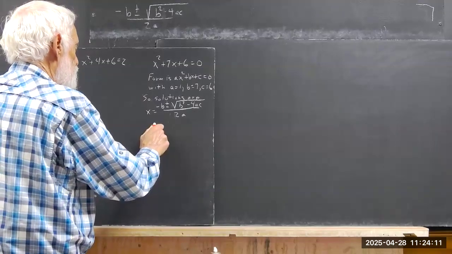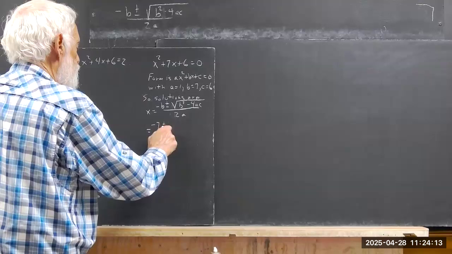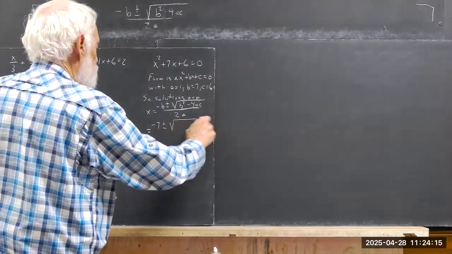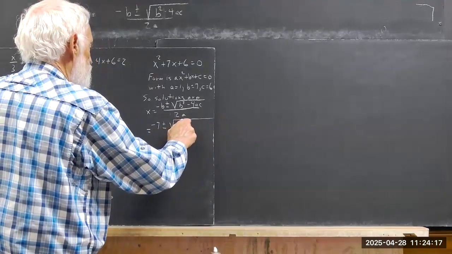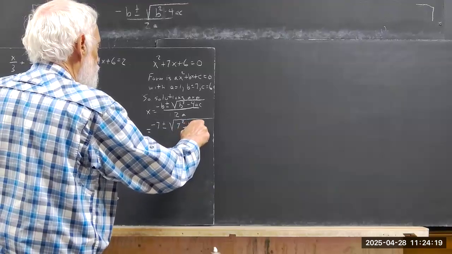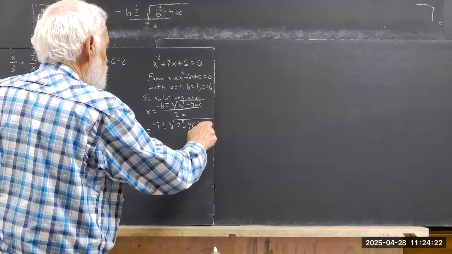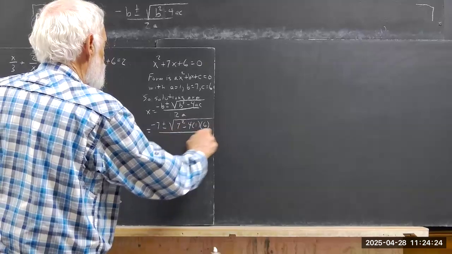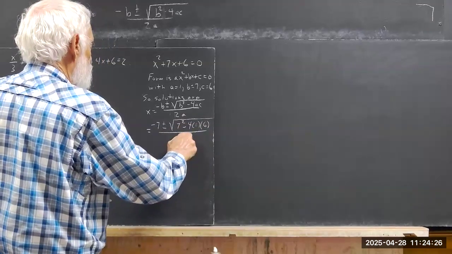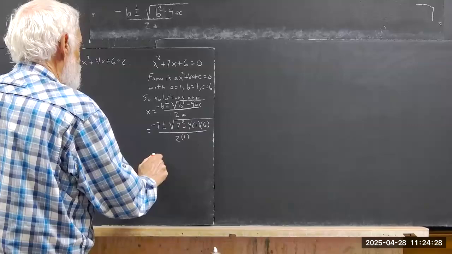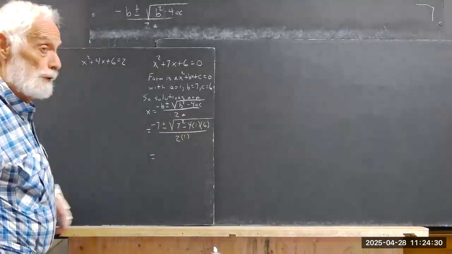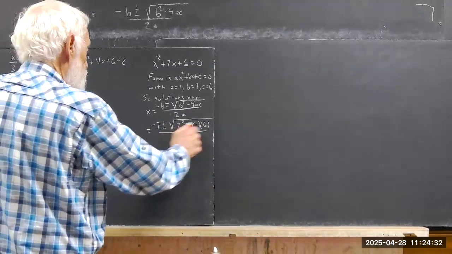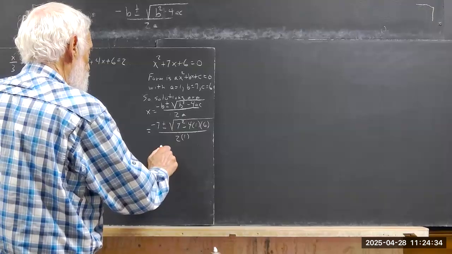So, well, now we just have negative 7 plus or minus the square root of 7 squared minus 4 times 1 times 6, all that divided by 2 times 1. Everybody's good with the substitutions. Everybody gets arithmetic right.